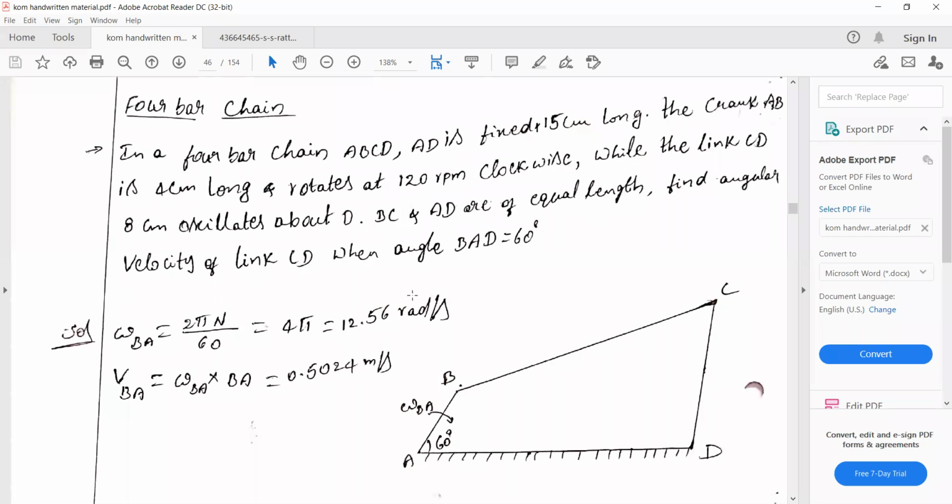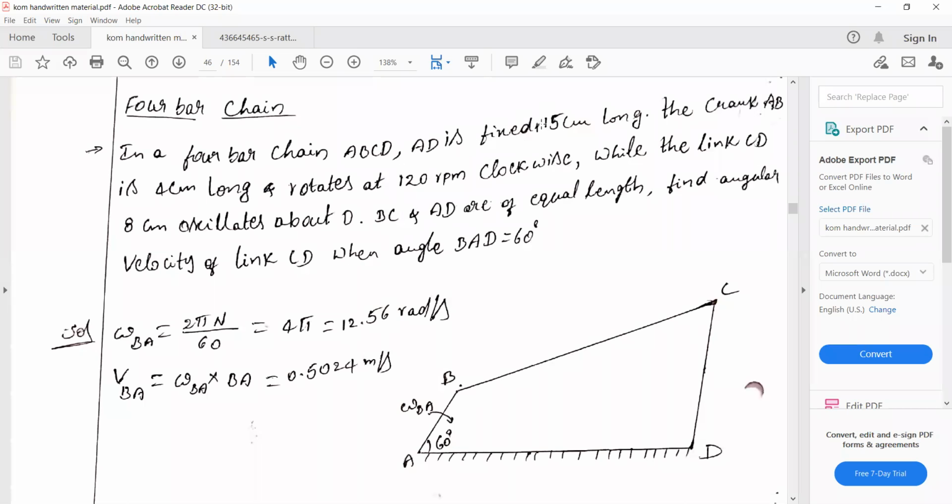Just read the problem, and first you have to draw the configuration diagram or space diagram. Write the values that are given here.